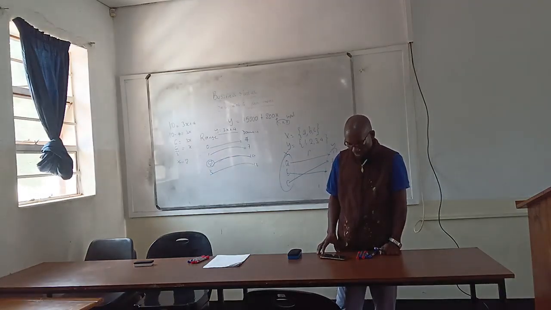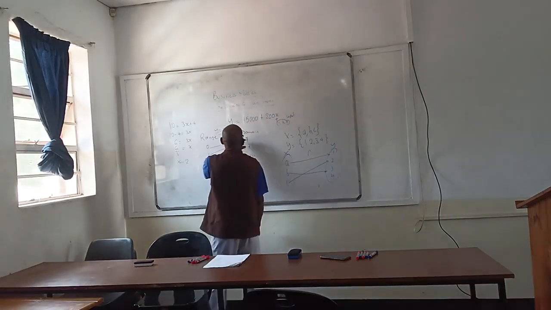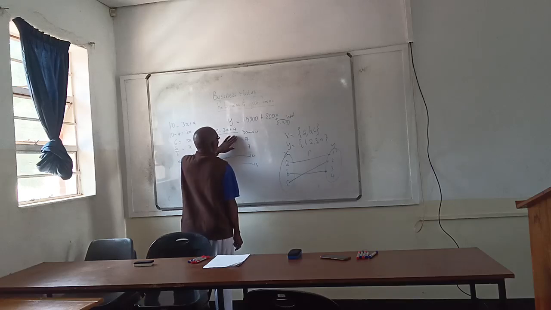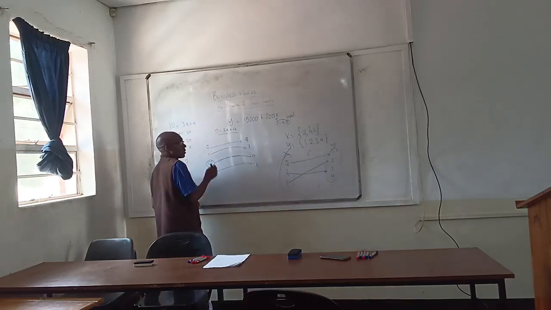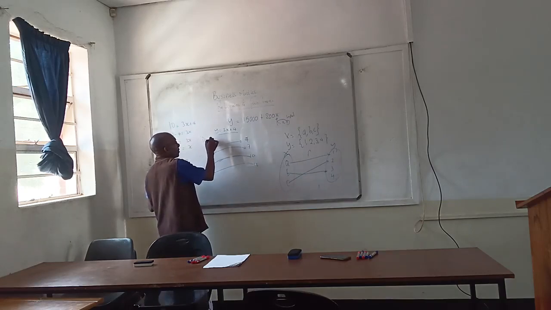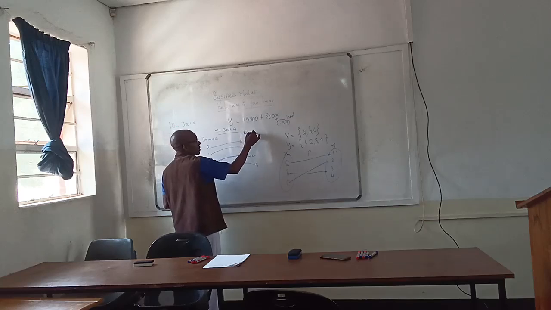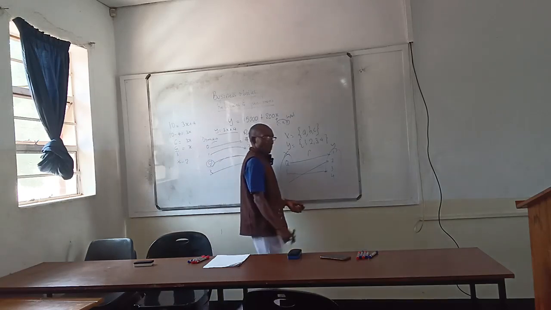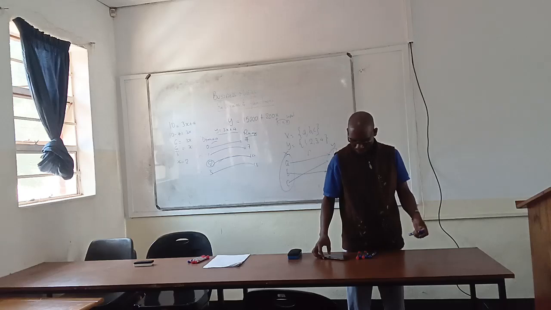This is the domain and this is the range. Please, it's a long time since I did this. I think you are reminding me because you're just coming from school, from university, from secondary school.